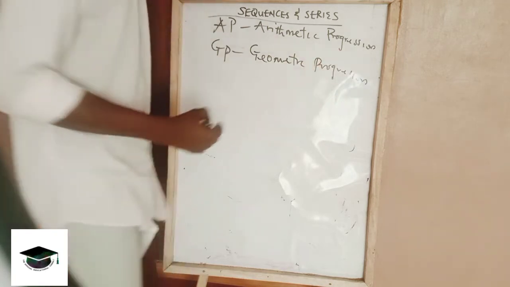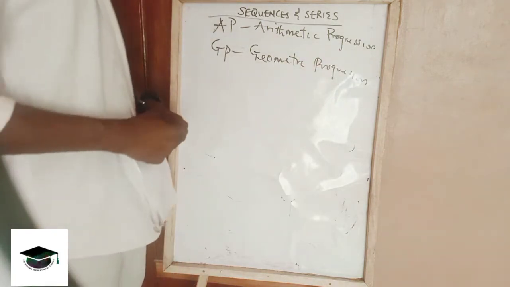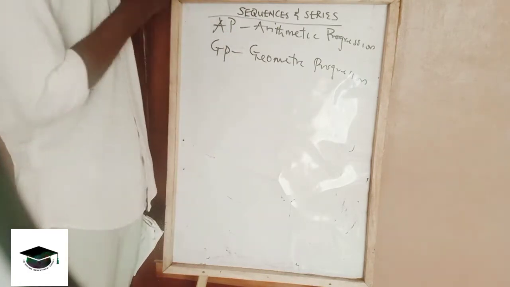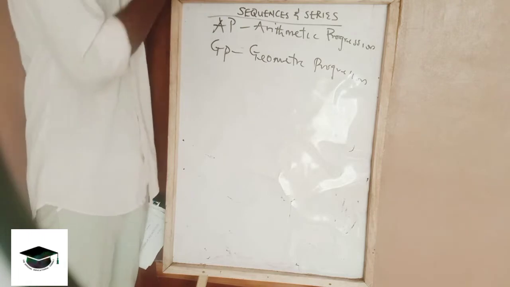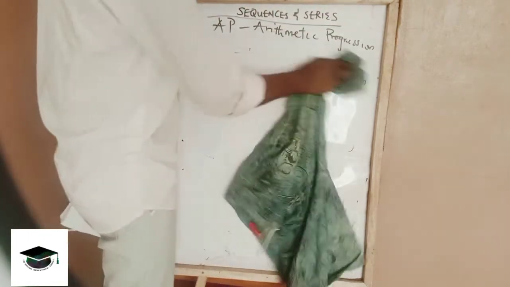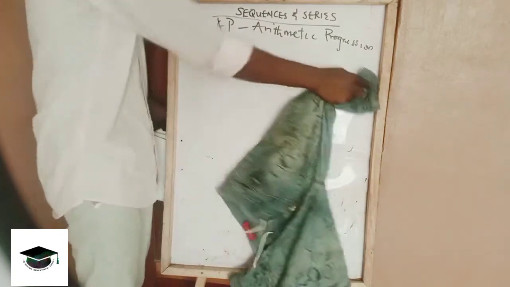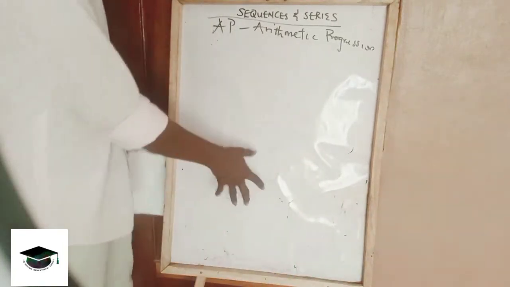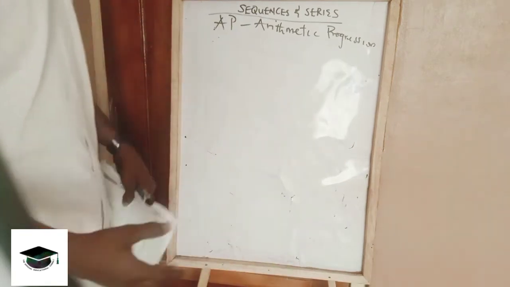This is the meaning of AP and GP. We'll be taking them one by one. Firstly, we are going to take the AP, and we are not going to take much time. All I want to do is give you a summary that can help you if you have an examination or have to answer any question anywhere.